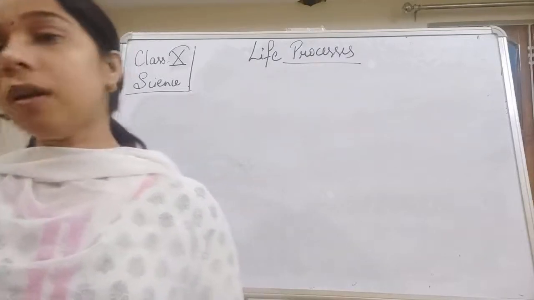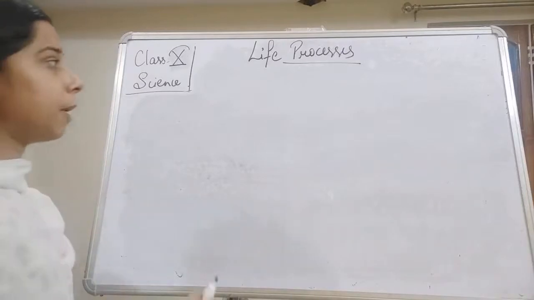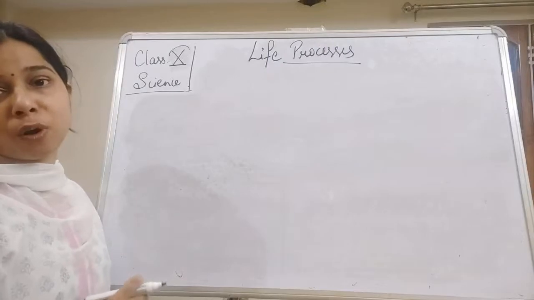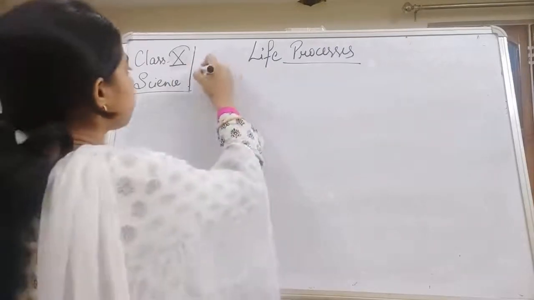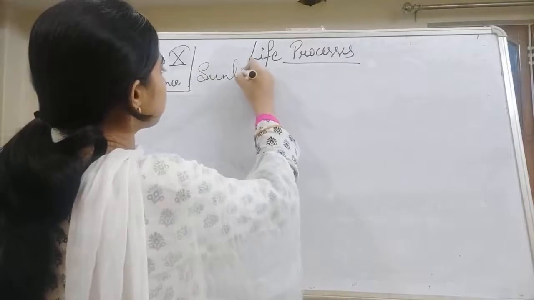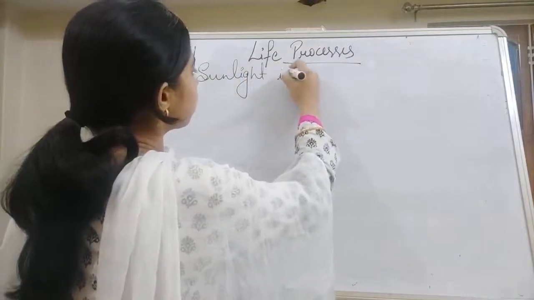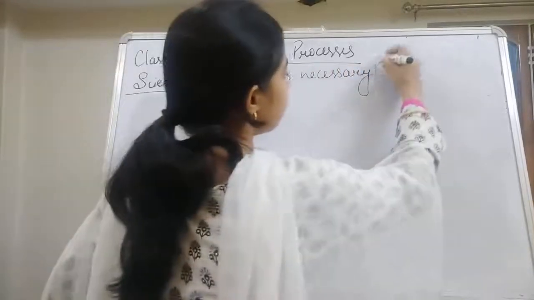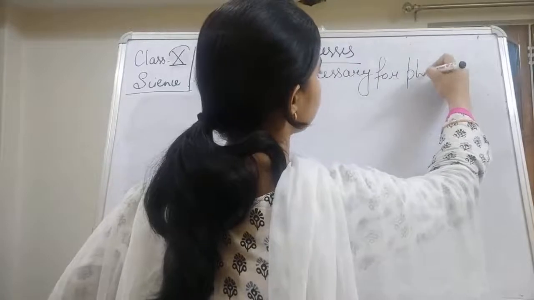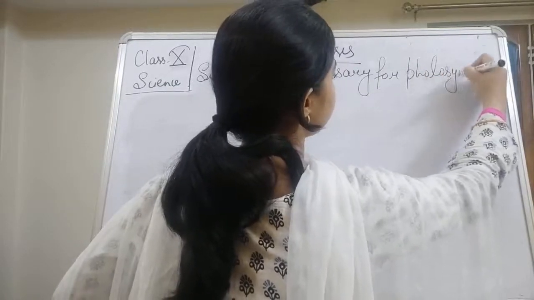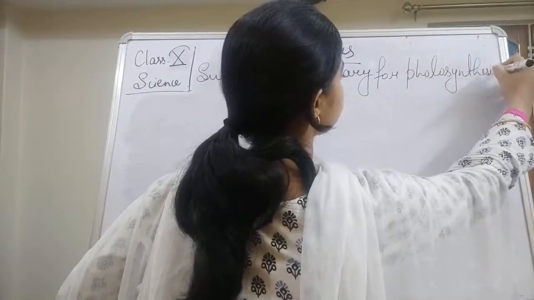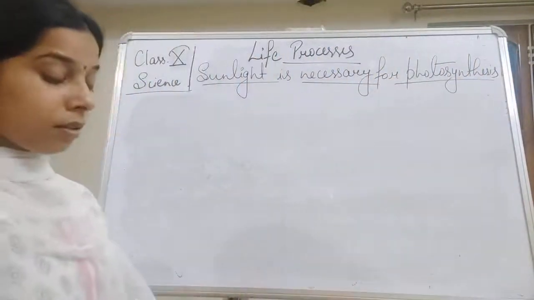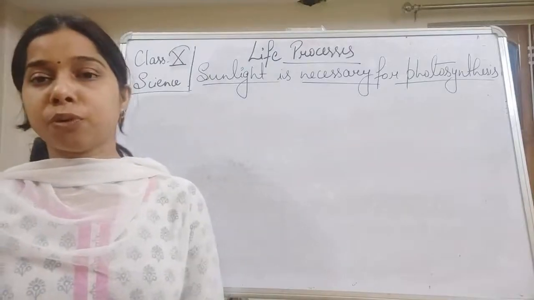Moving on, we will see the first experiment, which explains that sunlight is necessary for the process of photosynthesis.